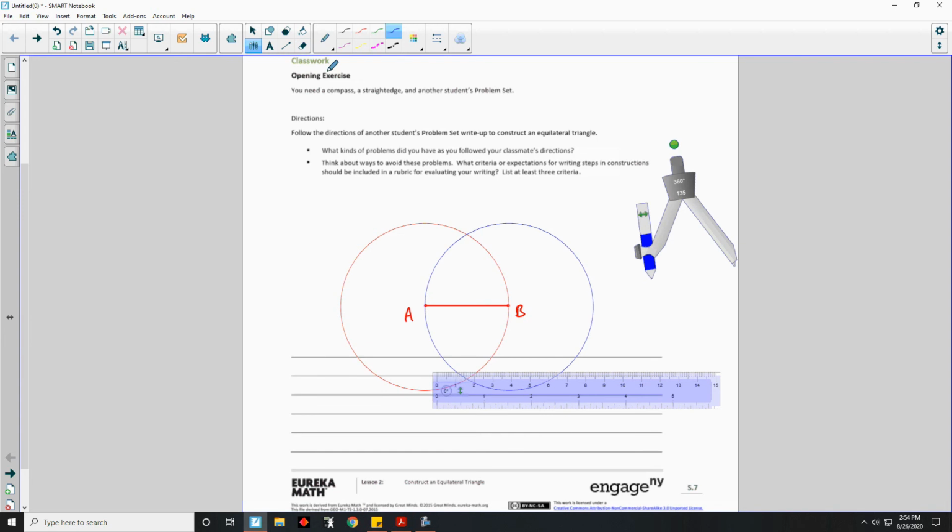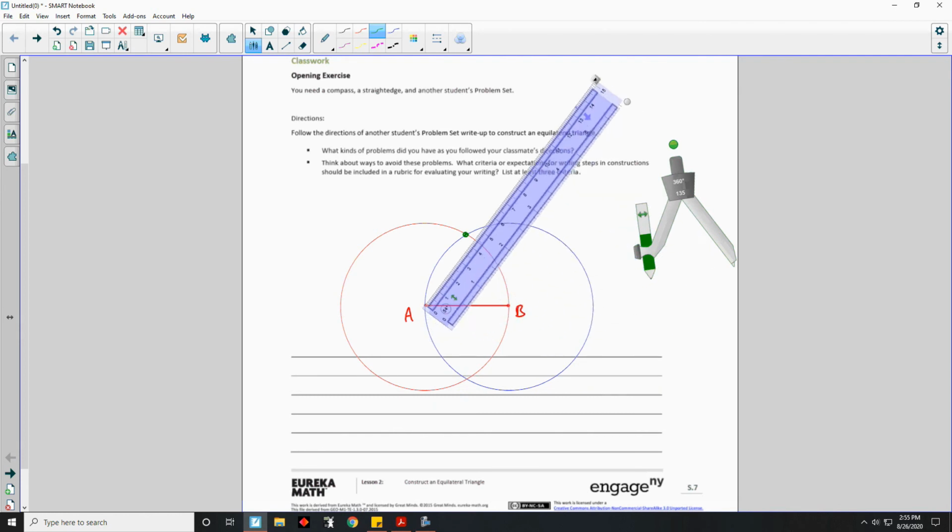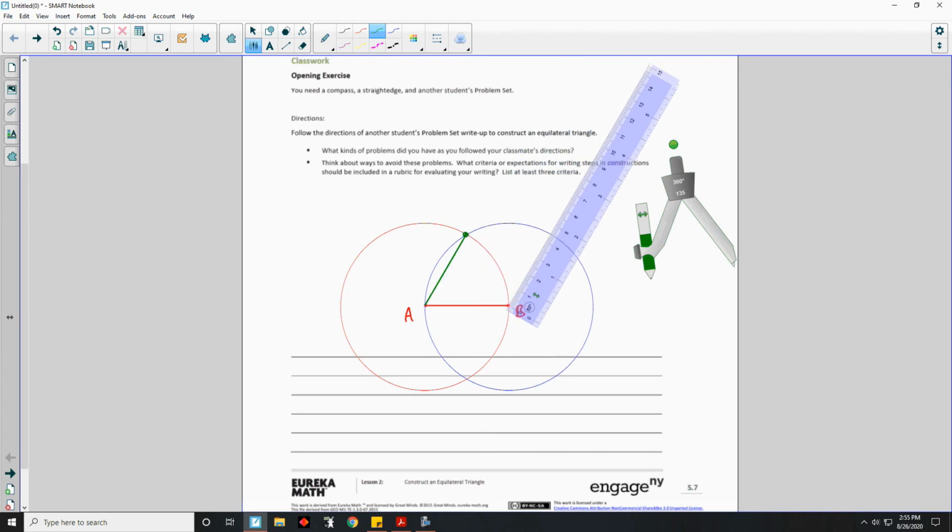So now I can just take a point and plop it right here at this intersection. And there is my equilateral triangle. So I'm going to take my straight edge and put it right here and rotate it up to that and draw a segment. And then I'm going to move that over to here, rotate it around and draw a segment.